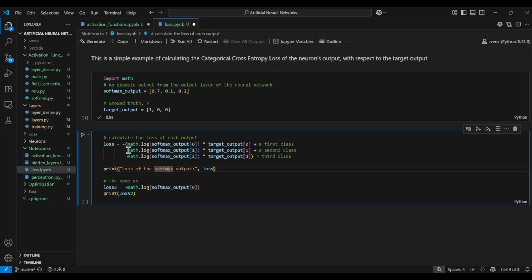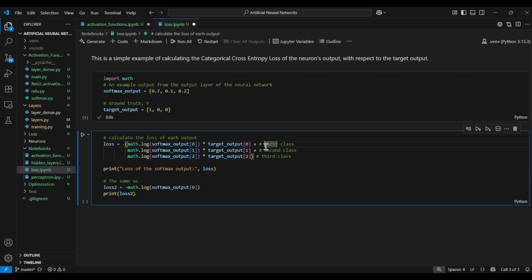Okay, so for that, if you remember from the presentation, that is just the log function of the softmax multiplied by the target output. We get the log function of that multiplied by the target output.